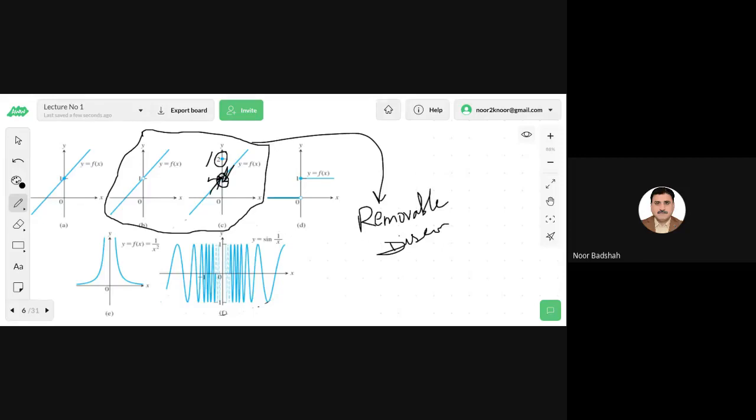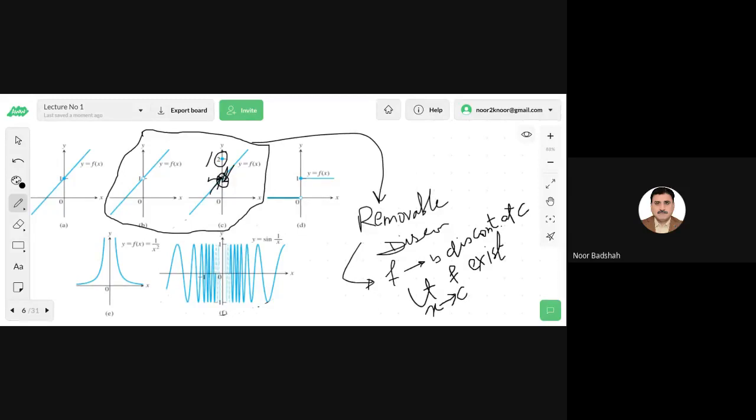So what is a removable discontinuity? That is, if a function is discontinuous at a point, but the limit at that point exists. If a function is discontinuous at a point, but the limit as x goes to c of f of x exists, that point of discontinuity is called a removable discontinuity.